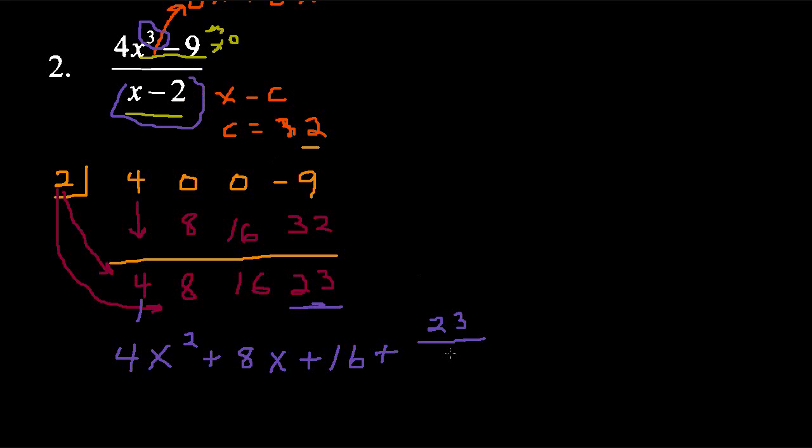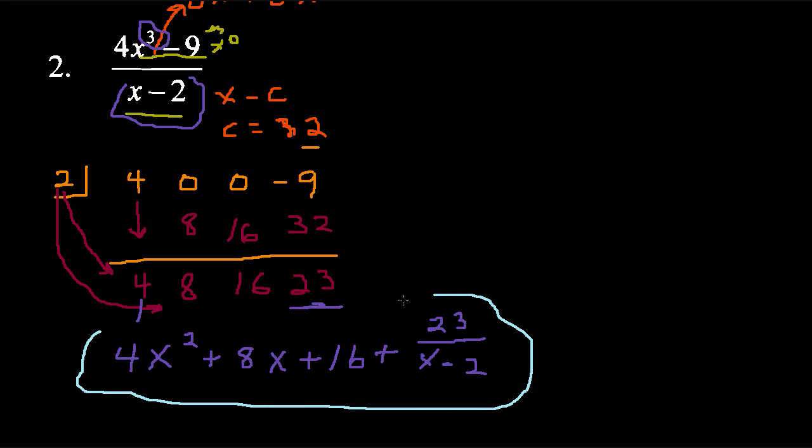That was x minus 2. That goes down here. x minus 2. And so our answer was, and this is the quotient, 4x squared plus 8x plus 16 plus 23 over x minus 2. The 23 over x minus 2 is the remainder.